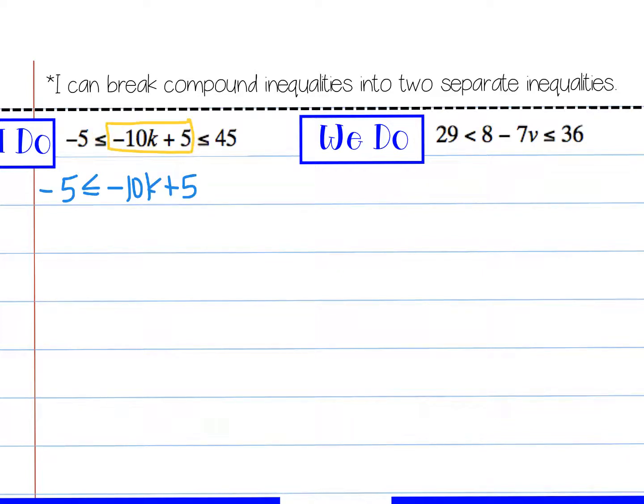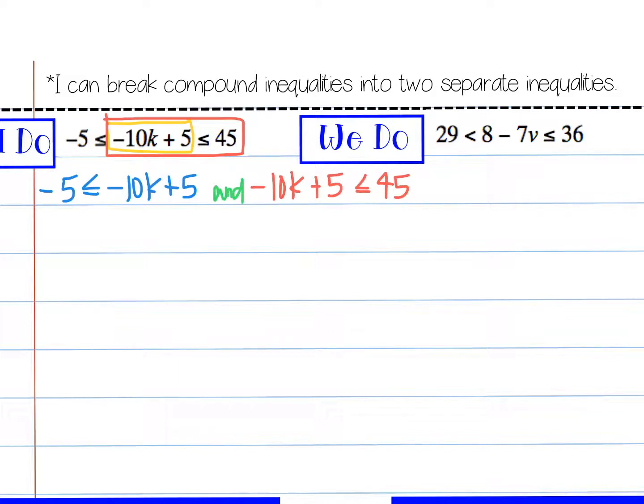So going back to what they share, I'm going to identify the second part of my inequality. So I'm going to go from this inequality sign all the way over. So the part that they share, -10k plus 5, is also going to have to be less than or equal to 45. So this is an AND situation, so I'm going to go ahead and write AND.